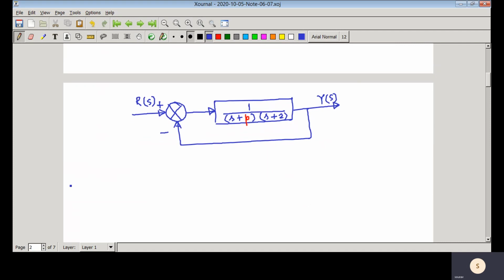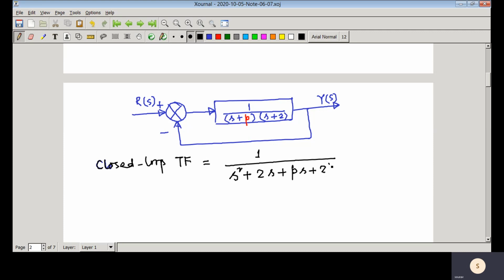How? Let us find the closed loop transfer function. So the closed loop transfer function is Gs over 1 plus Gs. The characteristic equation is s square plus 2s plus p into s plus 2p plus 1.